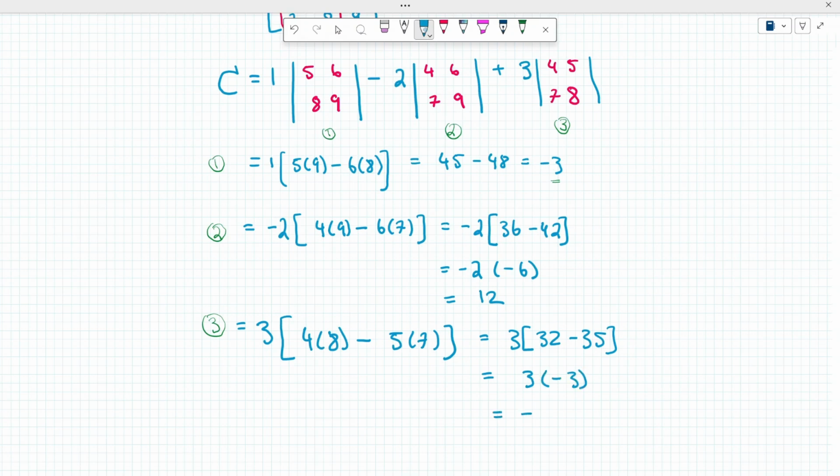Now to calculate our determinant, we're going to put that all together. We're going to grab these values and add them up.